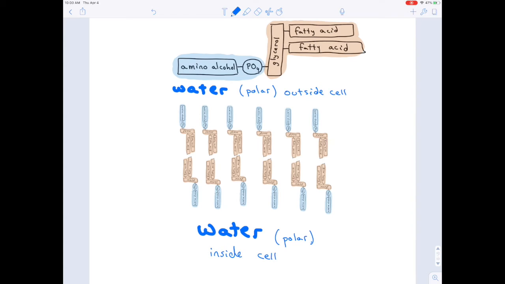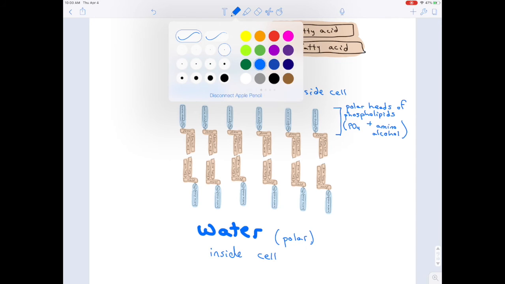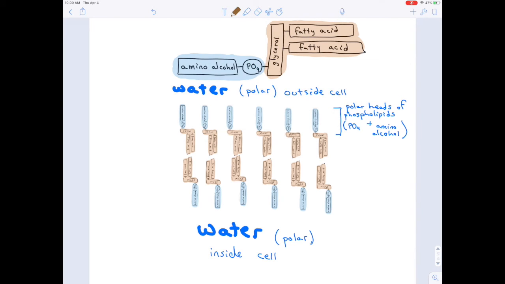And what you would want to notice, and the features you want to notice, are these polar heads of phospholipids. Polar heads are made up of PO4 and an amino alcohol. And then you'd also want to notice the nonpolar tails of the phospholipids.